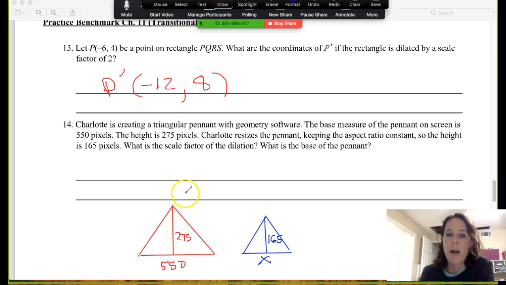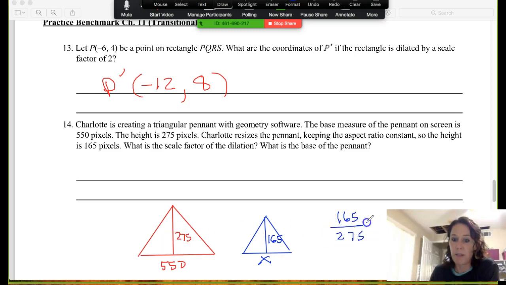We want to know the scale factor. Now, if she's keeping the aspect ratio the same, the scale factor we would just set up like this: 165 divided by 275. Go ahead and divide that out on a calculator. If you go 165 divided by 275, you're going to get 0.6, all right?